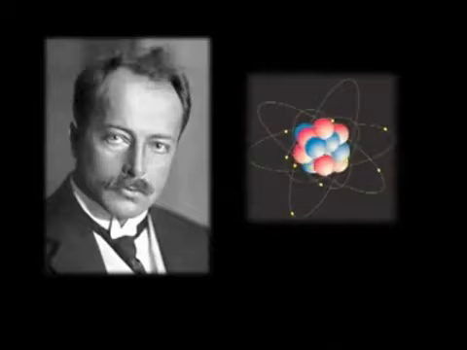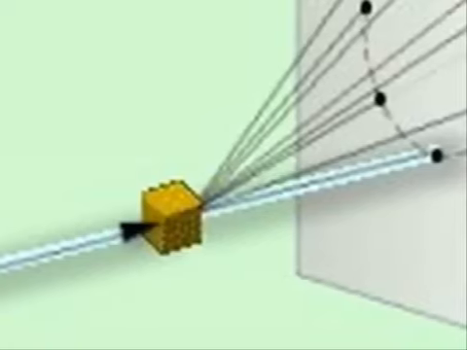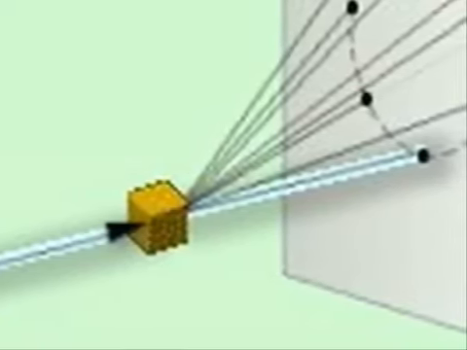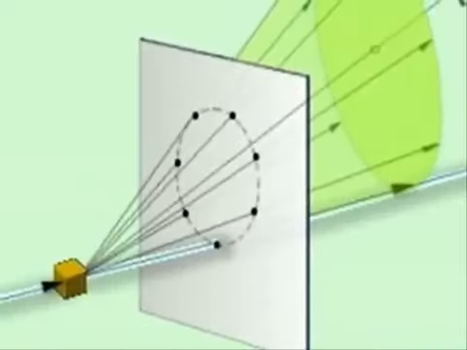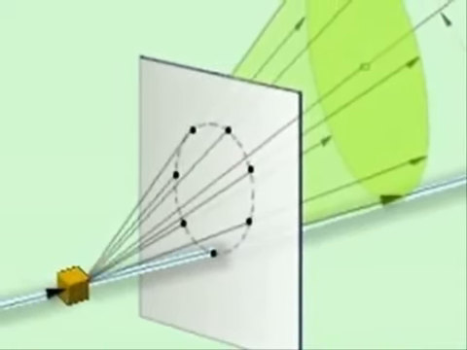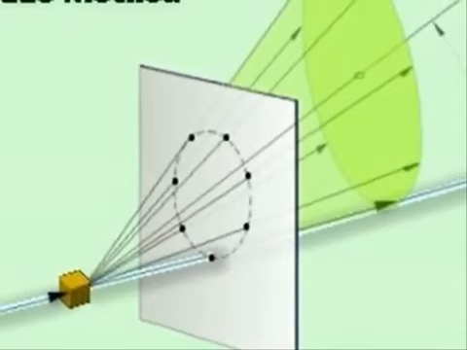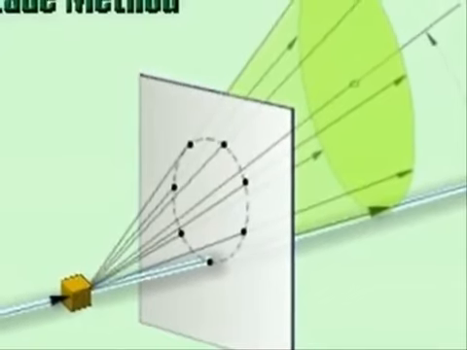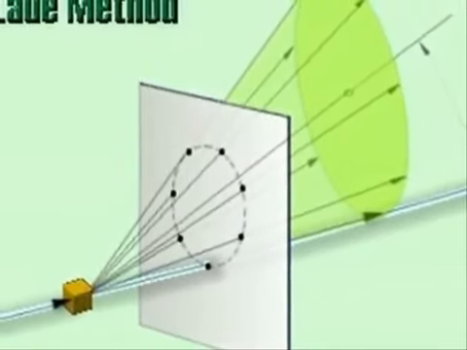In the experiment that von Laue performed in 1912, you shine a monochromatic, which means single wavelength, beam of X-rays onto a specimen, and the atoms in the specimen diffract that beam to form a pattern behind the specimen or back reflection in the front of the specimen.